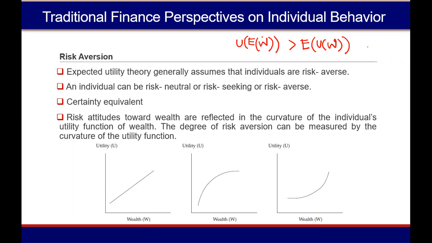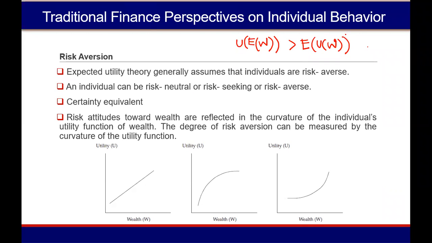The individual gets more utility from expected wealth that is available to him, that is kind of a weighted average of the expected outcome. That means the individual gets more utility from the expected wealth compared to the expected utility of the wealth. Alternatively, the individual gets more utility from a more certain thing compared to a less certain thing. That is another concept.